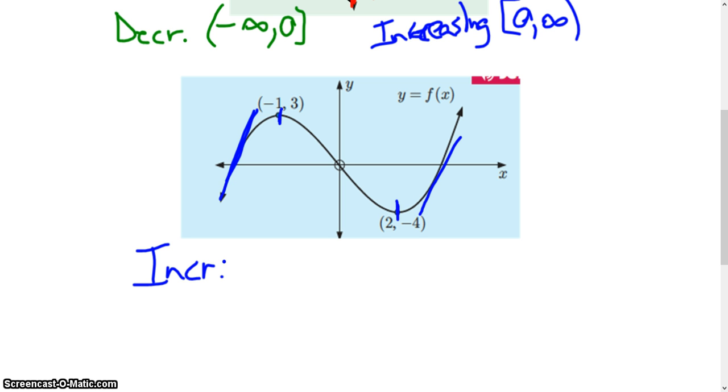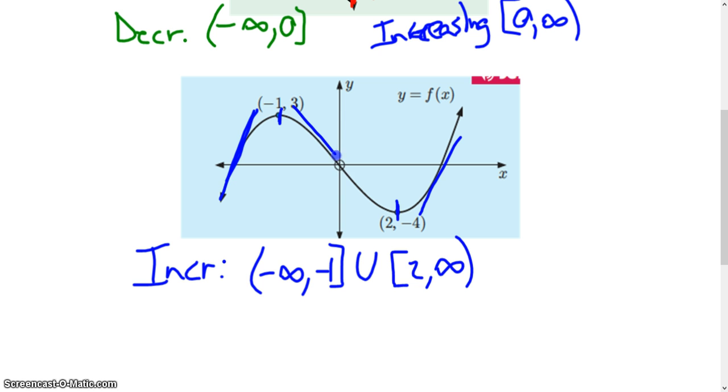So we would say it's increasing over the interval from negative infinity to negative 1, and the interval from 2 to positive infinity. Then in this region, the tangents are going downhill, so we would say it's decreasing over the interval from negative 1 to positive 2.